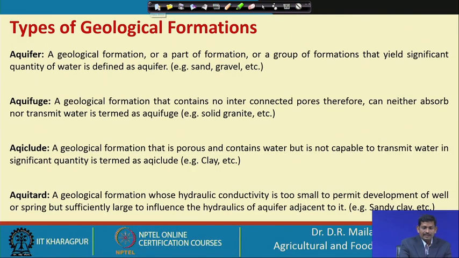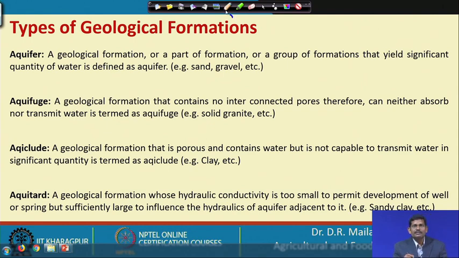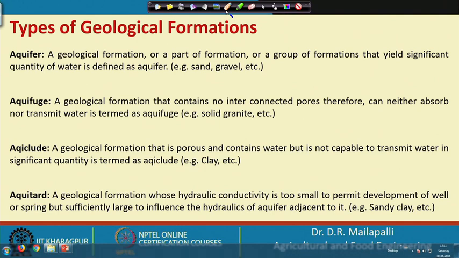Okay. So, next is what are the types of geological formations. If you go down, water is there. But the water being there does not mean that it is always available. It all depends on the porous media. Porous media in the sense of soil type: sand, clay, silty loam, rock fractions, or solid rocks.